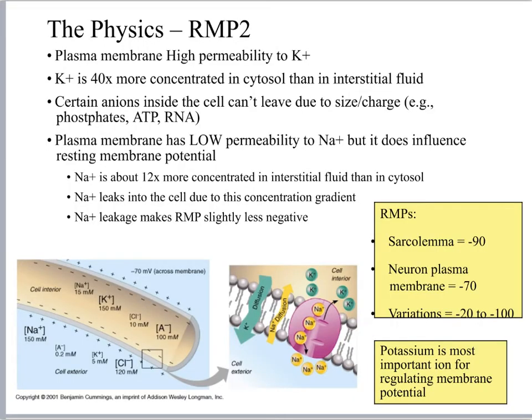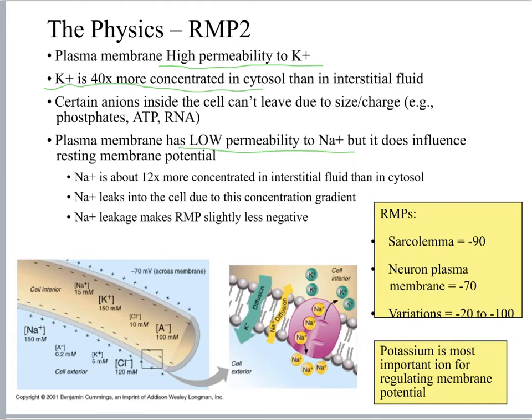Actually, this is the same picture, but I've got different notes on here where I'm basically just repeating what I've said on the previous. High permeability to potassium. Potassium is more concentrated inside the cell than outside. The plasma membrane has a lower permeability to sodium.